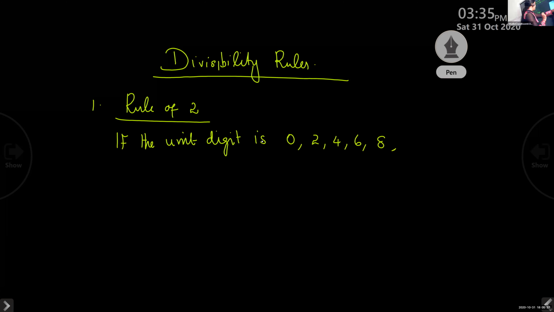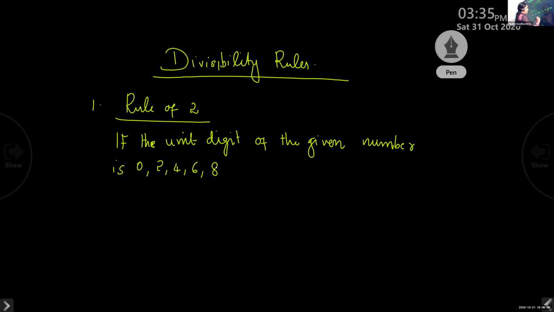The unit digit of the given number is 0, 2, 4, 6, 8.